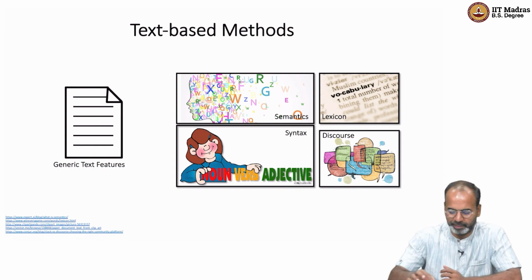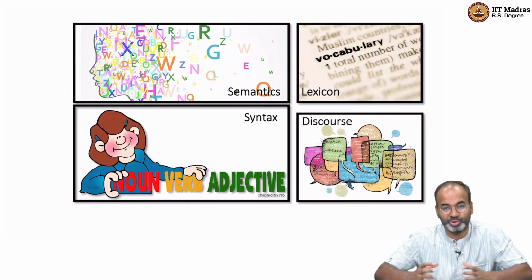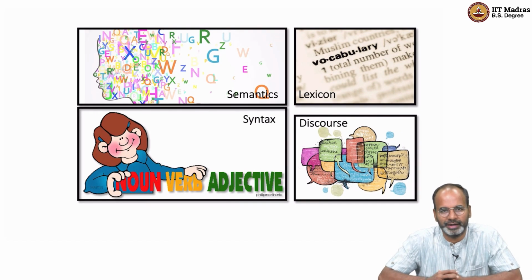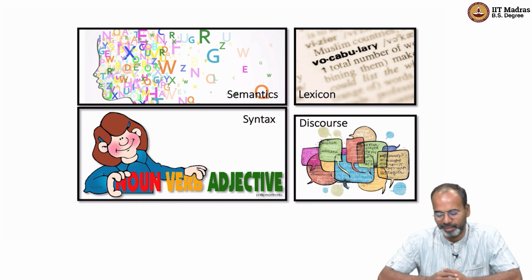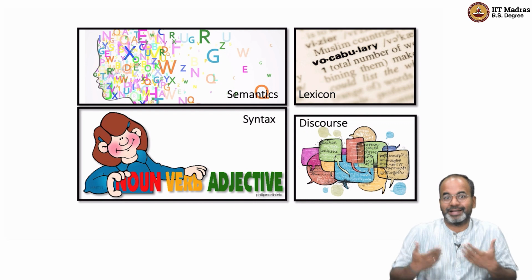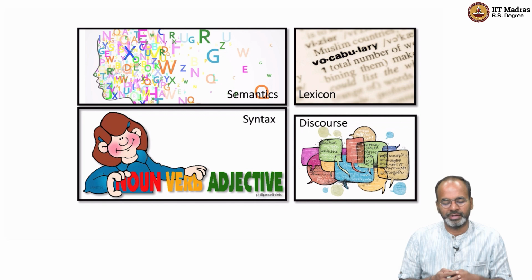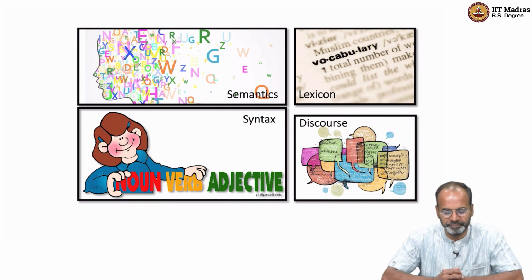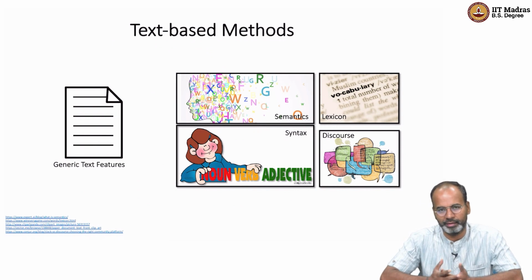Generic text features are the semantics of the post, syntax of the post, which is the language itself, semantics of the post, what is being discussed, lexicon, which is dictionary, vocabulary, and discourse, so to say what kind of stance they have on the topic being discussed, what kind of sentiment they have in this discussion. All of that could be drawn from discourse, right? So that's the generic text features that one can draw from the social content.